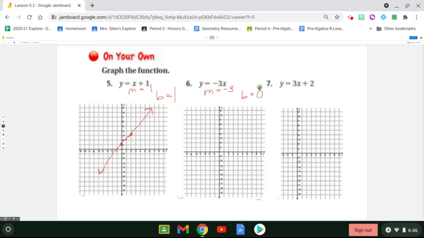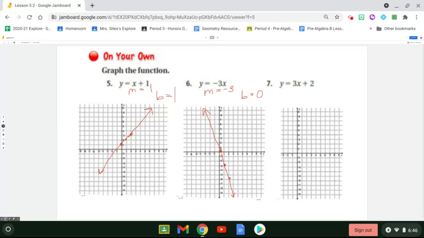So you would start out at 0, and you would go down 1, 2, 3, and then to the right 1. And again, you could always use the table button to confirm the points and plot the points that way if you wished. But here's what your graph would look like for y equals -3x.